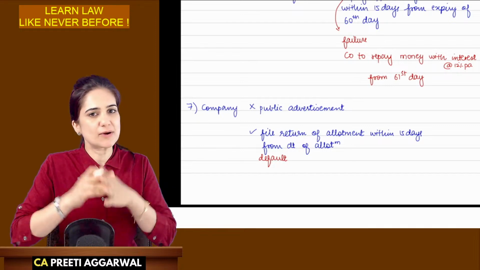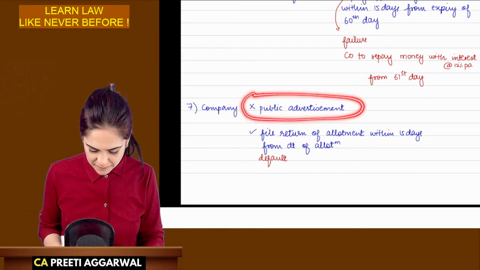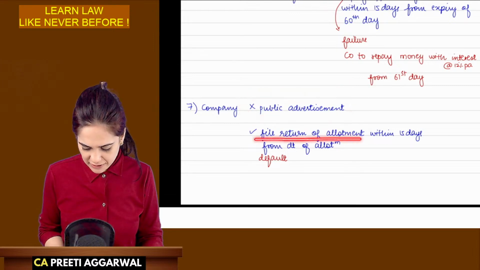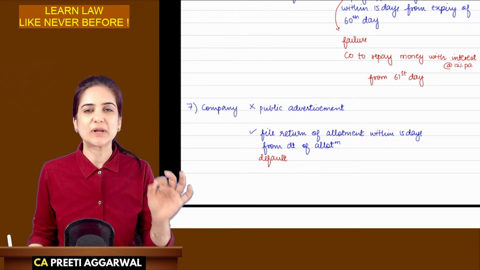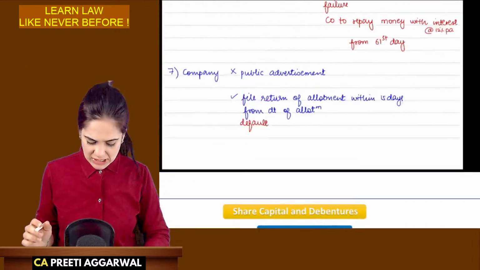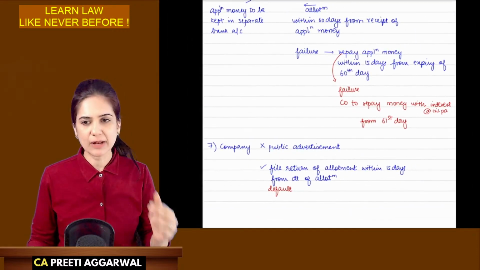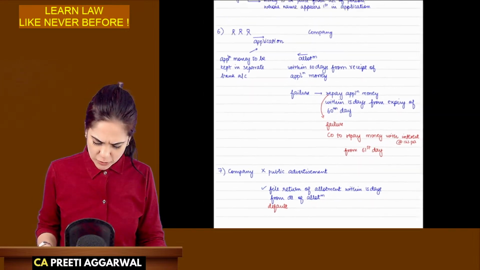General public cannot subscribe to it. So no public advertisement. The company will also file a return of allotment within 15 days from the allotment. Default will attract penalty.